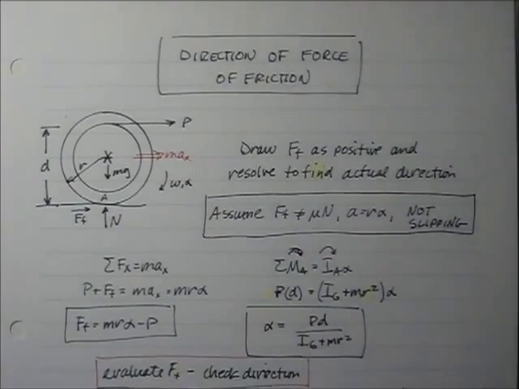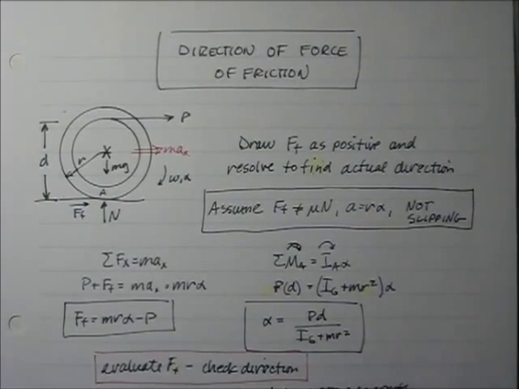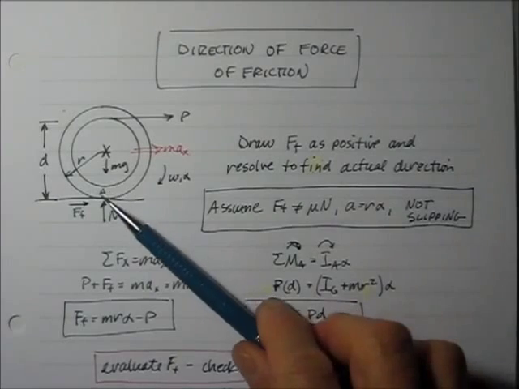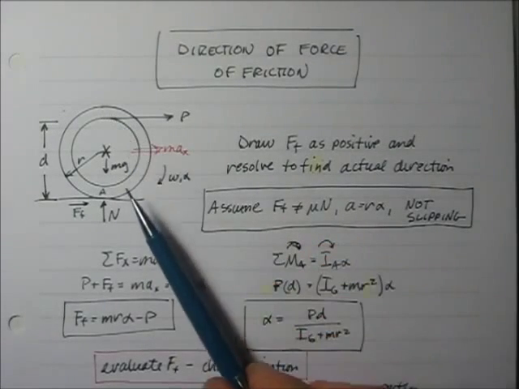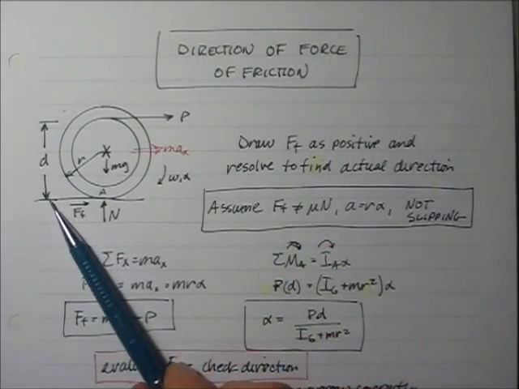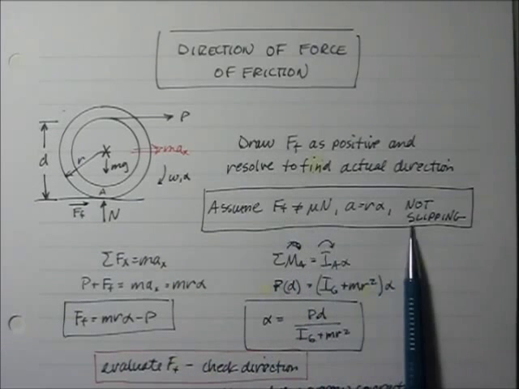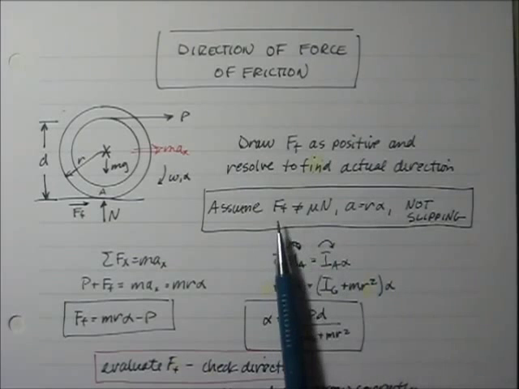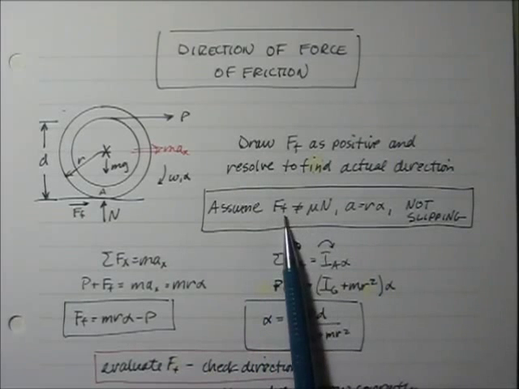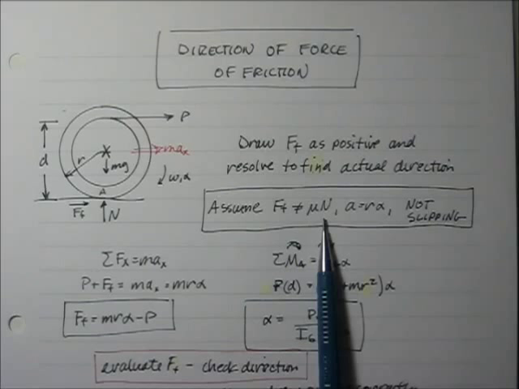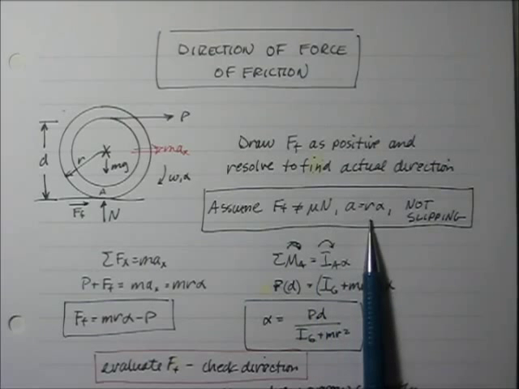All right, now how do I determine the direction of the force of friction? Well, again, if I set up my roller like this, with a distance d from the bottom, we're going to assume the not slip condition to start with. In the not slipping condition, the force of friction does not equal mu N, but a does equal R alpha.